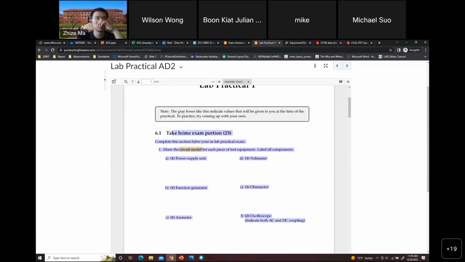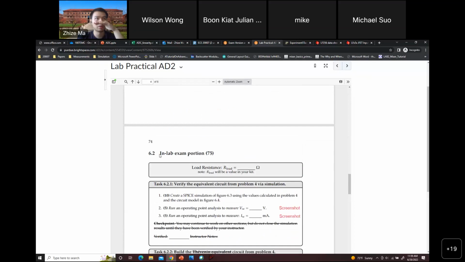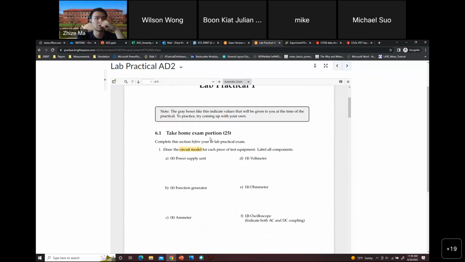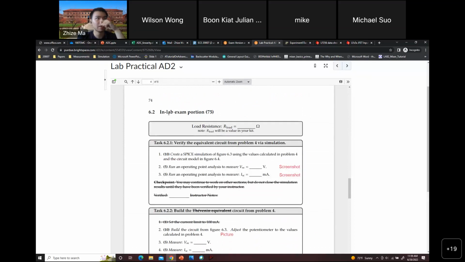But there are two parts. The first part is the take-home exam portion. That part you can do whenever you want, and there is no time limitation. The take-home portion is 25% of the overall grade, and the in-lab portion is 75% of the overall grade.